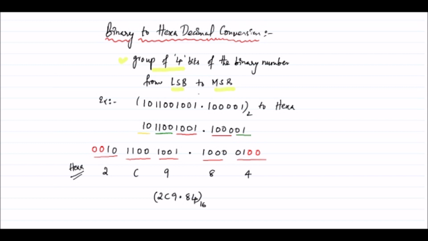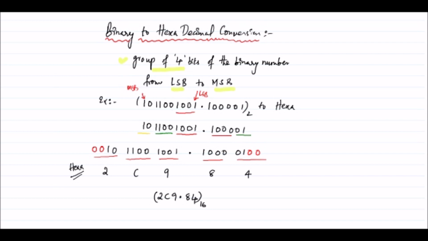So here the LSB is this one, and this is MSB. As you are grouping, you need to group from LSB to MSB.